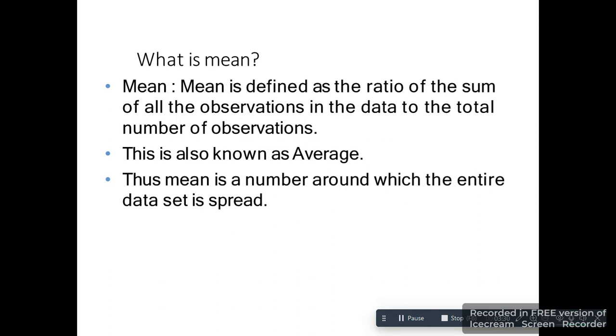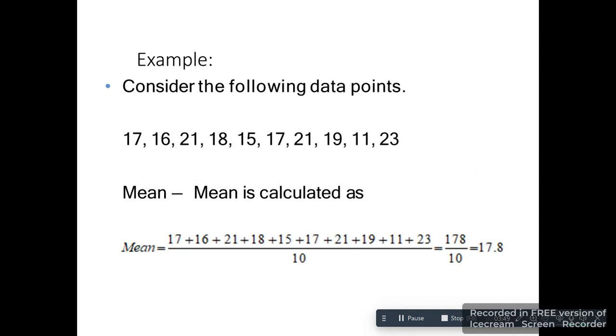There is one formula for this: mean is the average of the given numbers and is calculated by dividing the sum of the given numbers by the total number of numbers.